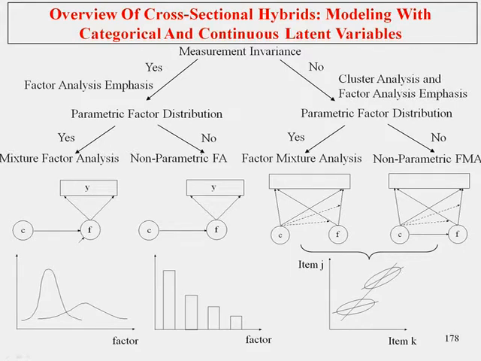Normality gives you mixture factor analysis. Note that that is not factor mixture analysis. And you will see the difference in the 4 diagrams that are coming here. So the leftmost arm here, mixture factor analysis. You have a factor analysis model, and then you have C pointing to the factor. What does that picture tell you? C pointing to F says that the mean of the factor varies across the classes.